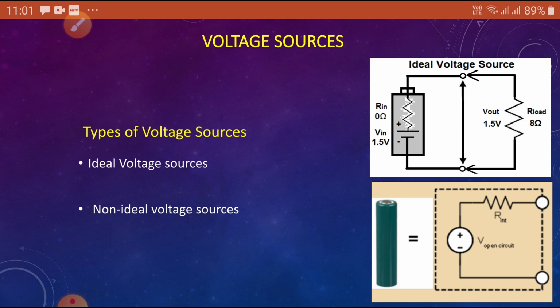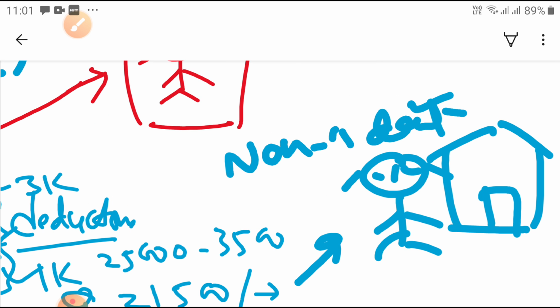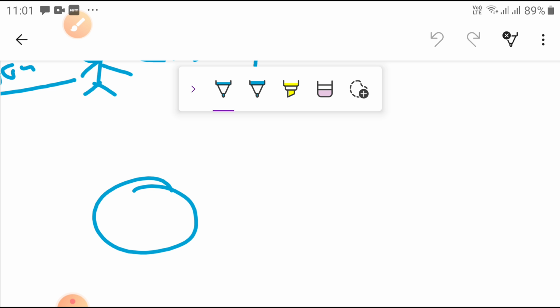Okay. Now the ideal source is a two-terminal source. You can see here, for example, plus and minus.